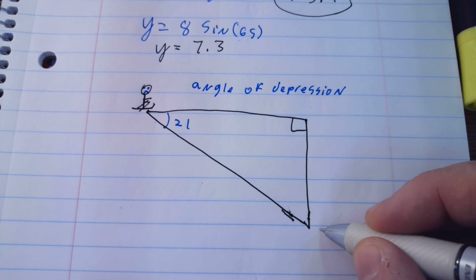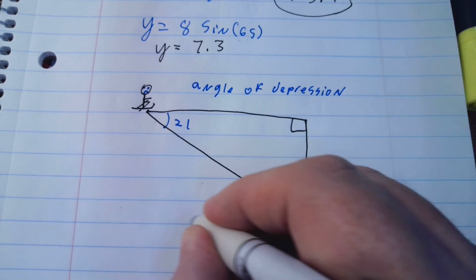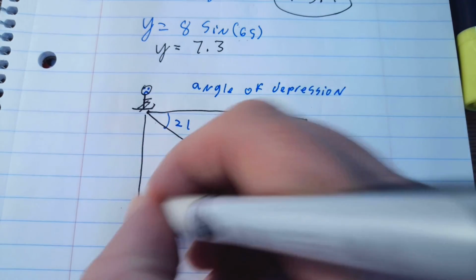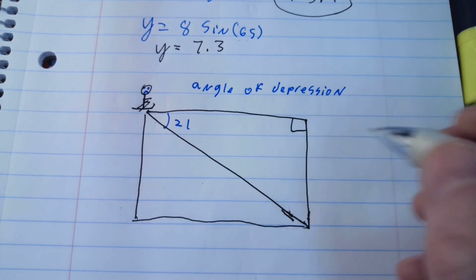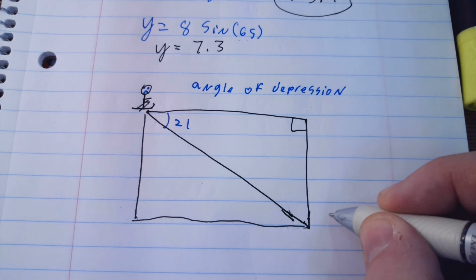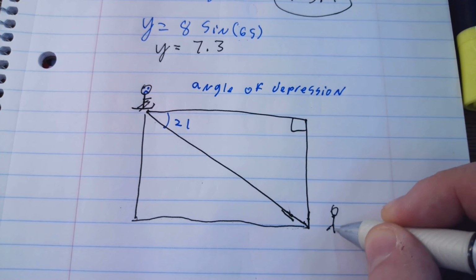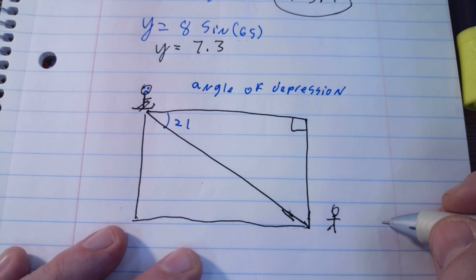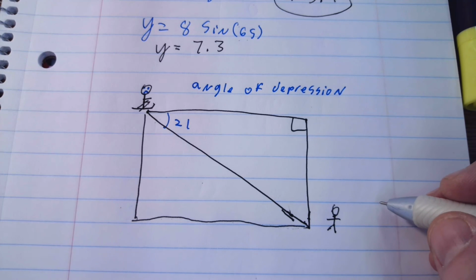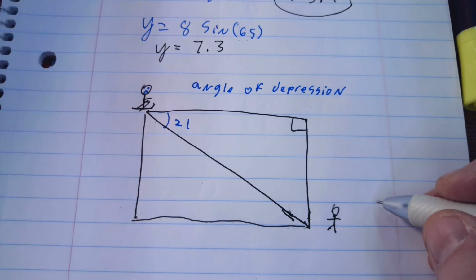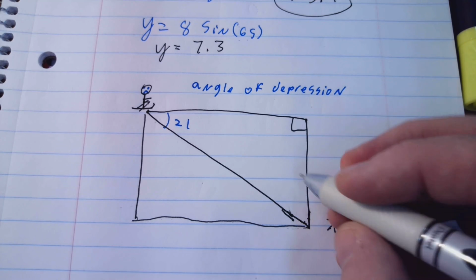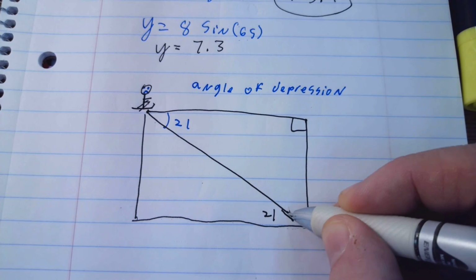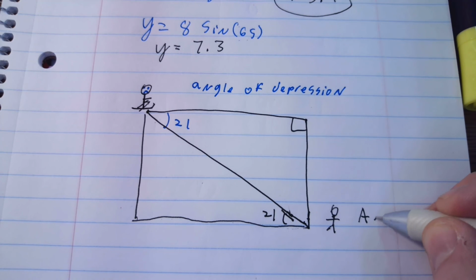And there's a guy, and now we know why he's sad. There's a guy at the bottom of the hill, and he's making fun of the guy at the top of the hill. Very rude. But this one doesn't have a punchline to the joke because it's not called the angle of something entertaining. It is called the angle of elevation.